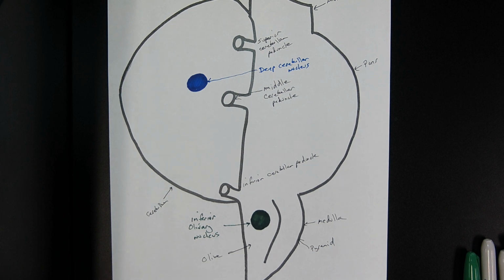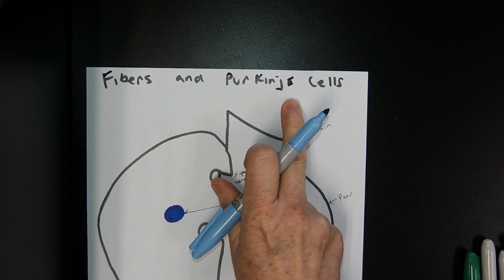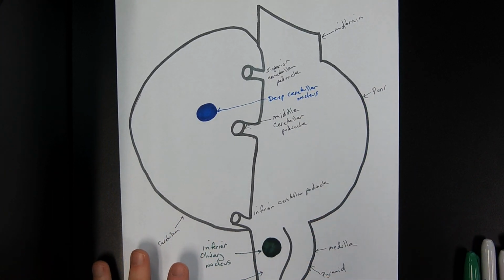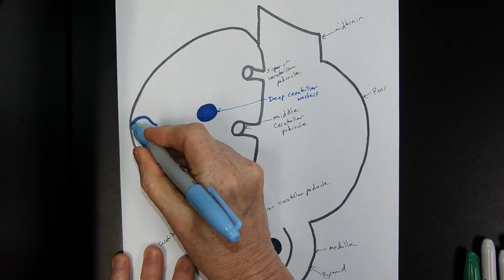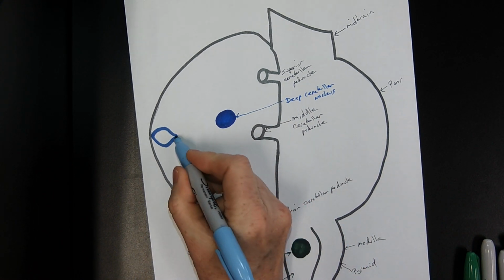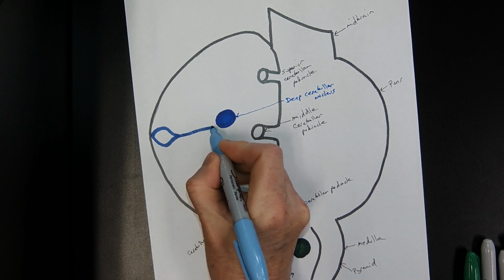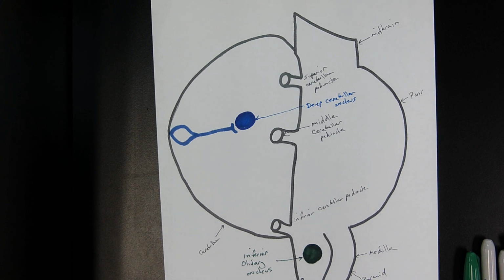In addition to the deep cerebellar nucleus, I have this funny word up here, Purkinje cell. I'm going to draw in one Purkinje cell. My Purkinje cell, I always think the top kind of looks like an onion or an onion character or something like that. Okay, it's a special kind of cell, and there's the cell body. The cell body has an axon, and the Purkinje cell connects up with its deep cerebellar nucleus.